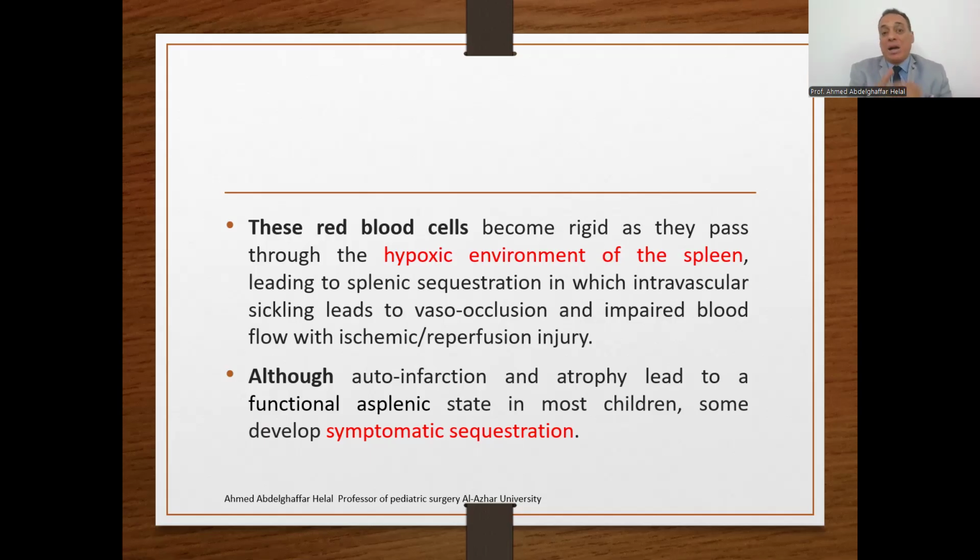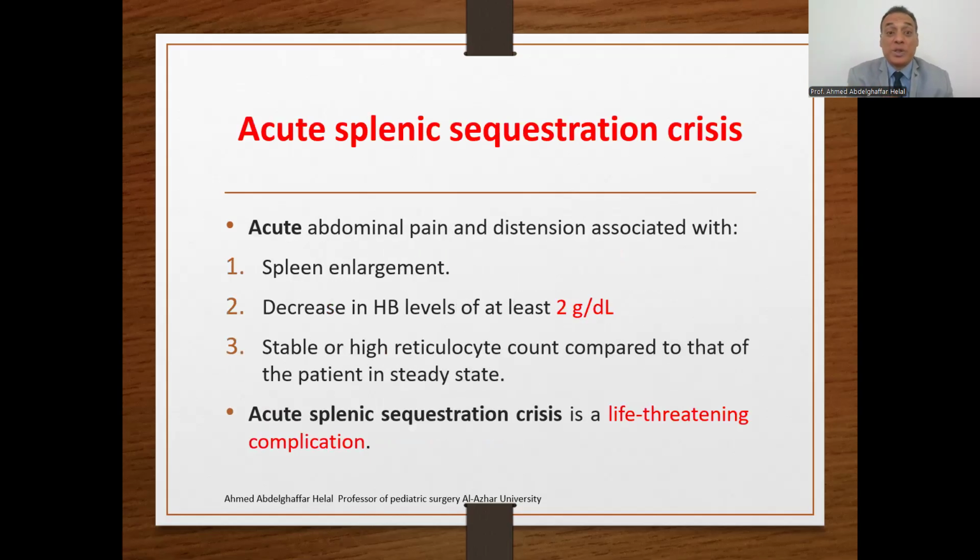However, the problem is with the sequestration. There may be an acute sequestration crisis. The condition will not pass very easily. The child will present with splenic enlargement and a decrease of hemoglobin due to destruction, maybe below 2 grams per deciliter, and maybe a high reticulocyte count. Acute splenic sequestration crisis is an important life-threatening condition.